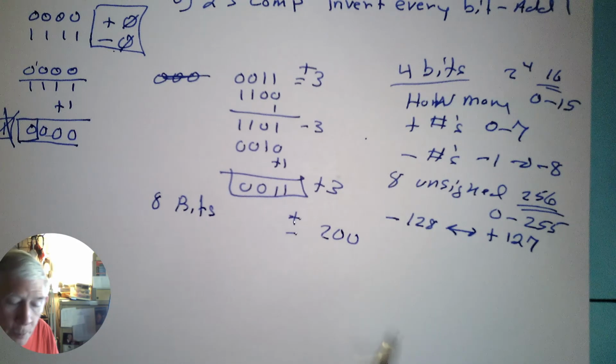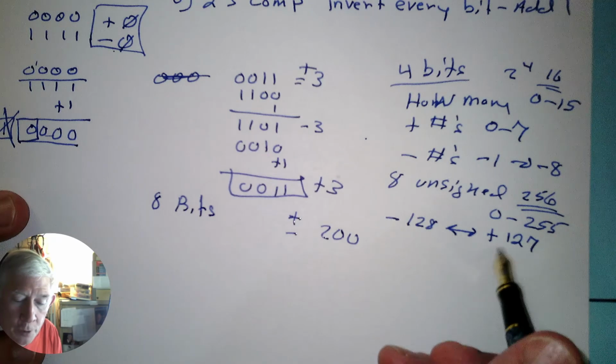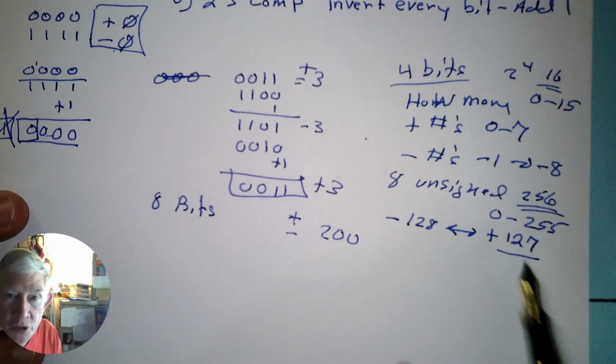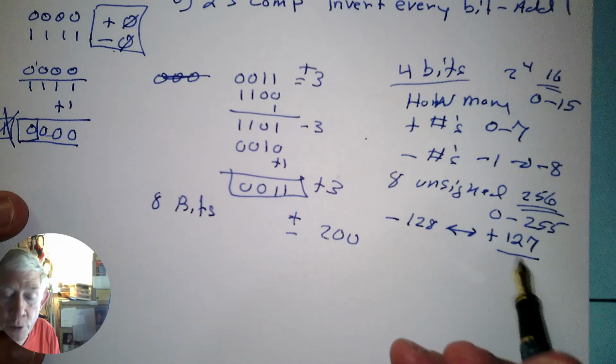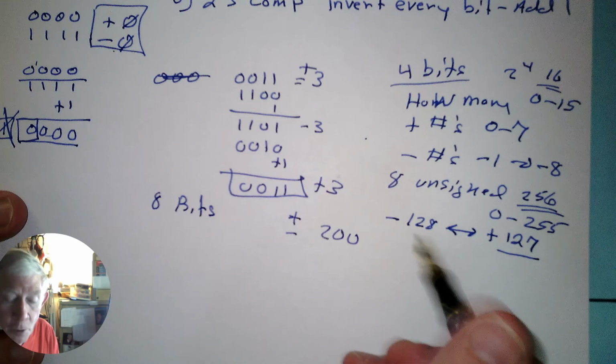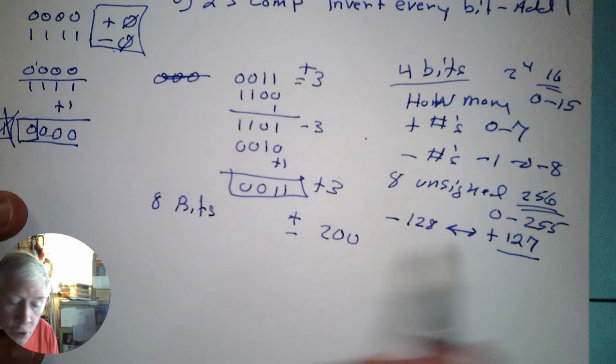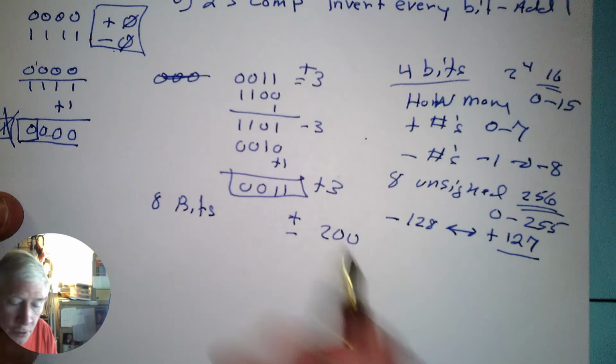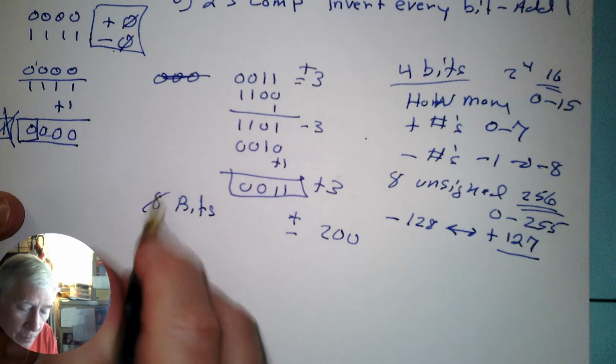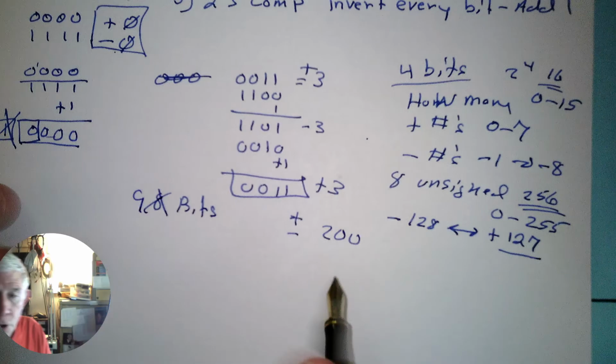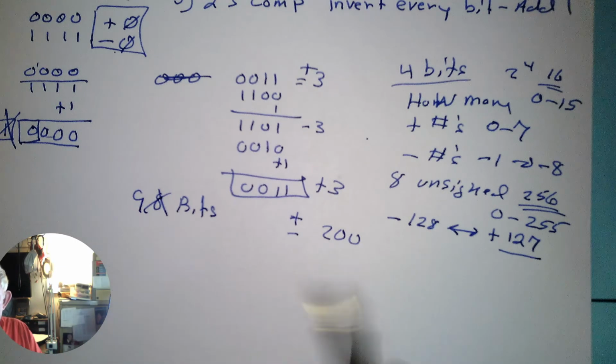Well, no, because the biggest positive number we can fit in 8 bits, signed, is +127, and the smallest negative number is -128. So plus or minus 200 won't fit into 8 bits. We need 9 bits for that. And if you don't have the right number of bits, then you're going to get into trouble, because it won't fit, and it's going to give you false results.